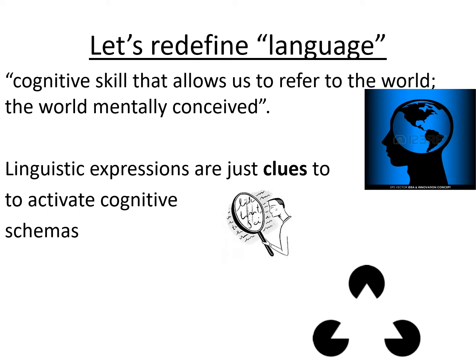In other words, language is something that allows us to refer, describe, point at the world as we have conceived it in our brains, in our minds. That's why we say that words, expressions, utterances, sentences, they are just clues that activate those concepts that we have in our brains already.